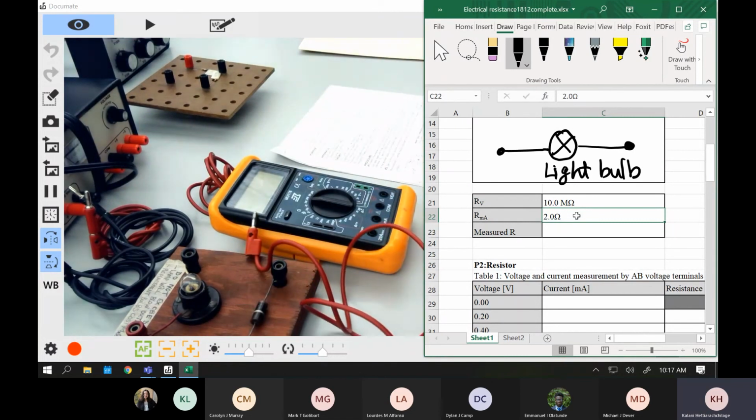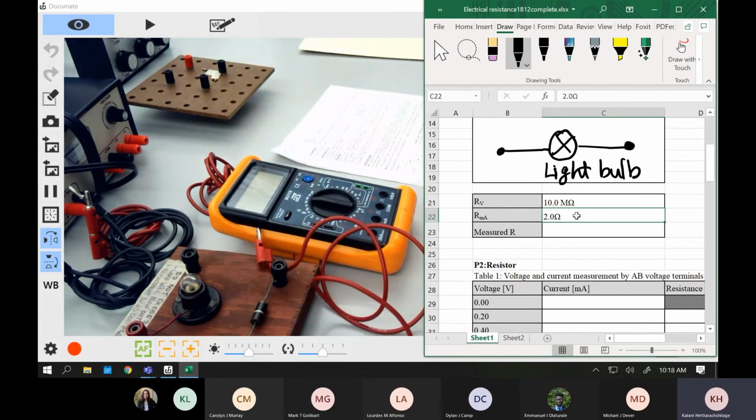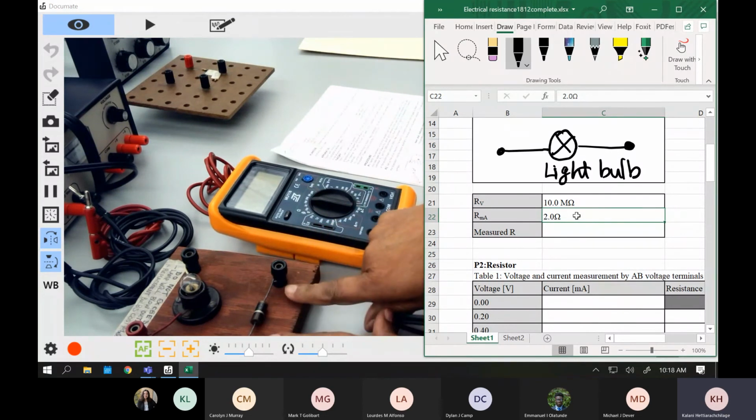One red and one black. It really doesn't matter, because this is just a wire or conductor, but we're going to use red and black. It is very easy to identify which one is my positive and which one is negative. That's the idea, okay? So now we're going to measure the resistance of your resistor on the wood piece.